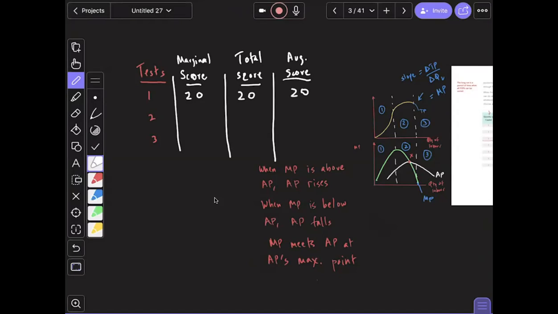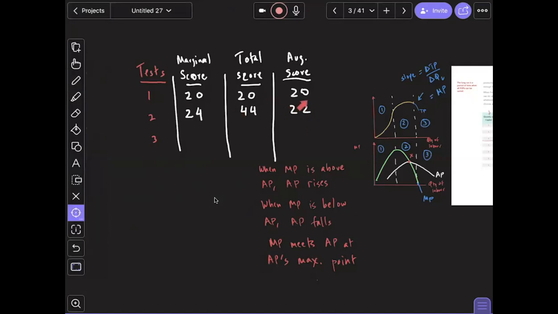What about the second test? What if you score 24 out of 25? That's a good performance. What will happen to your total score? The total will go to 44. And the average will be 22. Now, guys, look at this. Why did the average go up?